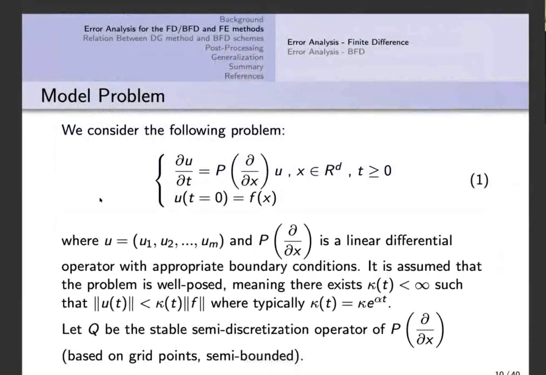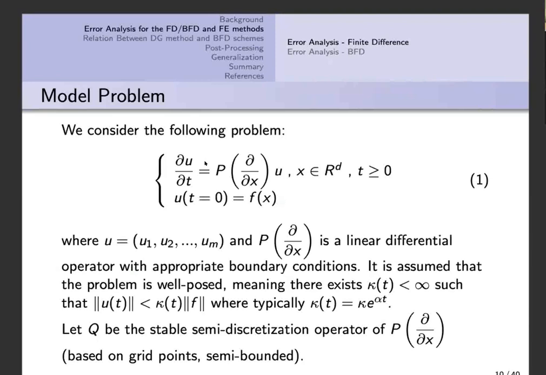So the model problem that we took into consideration in order to do our first analysis is a time-dependent problem of the first order. And on the other side, the right-hand side, we have a linear differential operator with the appropriate boundary conditions.